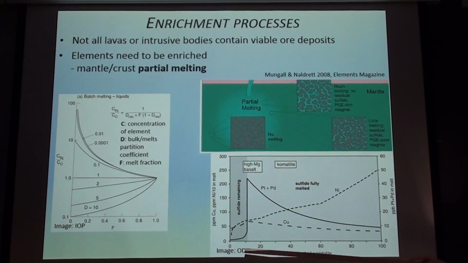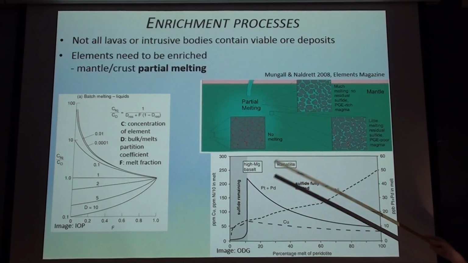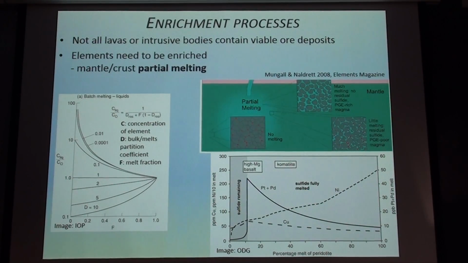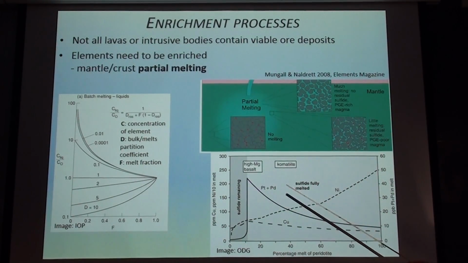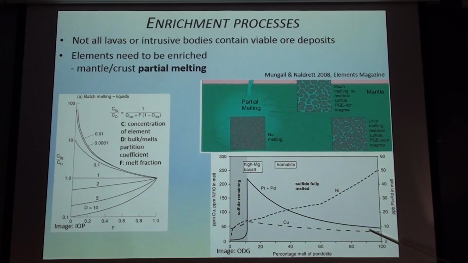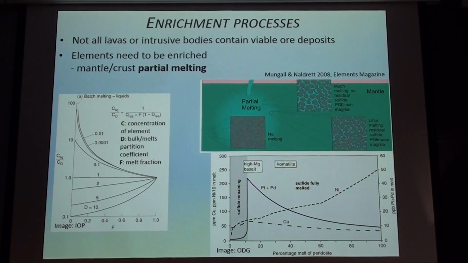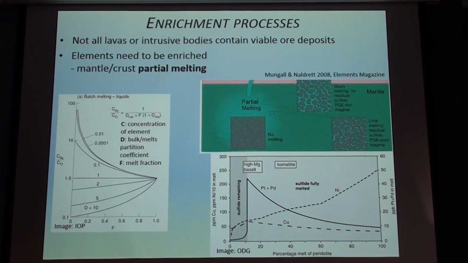And so we have this sudden enrichment in platinum and palladium. But then we've gotten rid of all the sulfides, so the more we melt, the more we dilute this signature, and hence we decrease the concentration of PGEs in the melt.